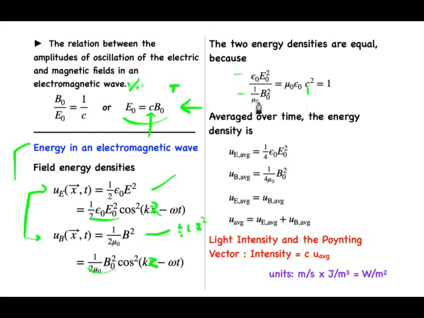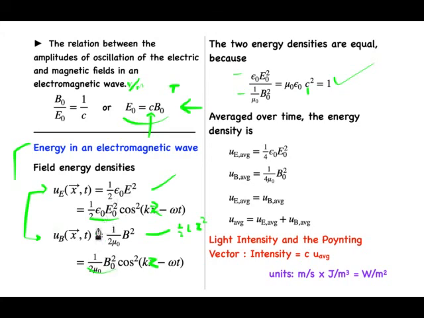And multiplying numerator and denominator by mu naught, I'll have mu naught epsilon naught C squared. But C is 1 over the square root of mu epsilon. So this is 1. So the electric field energy is always equal to the magnetic field energy for electromagnetic fields in empty space.